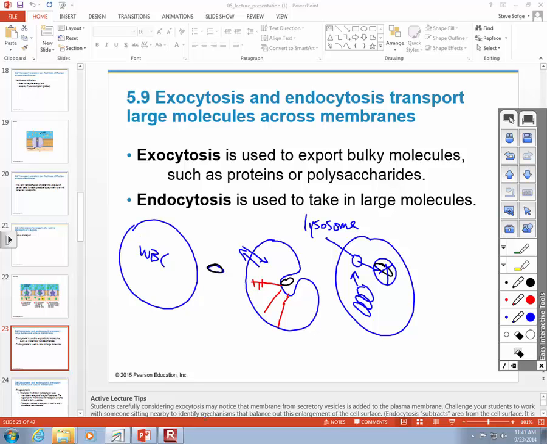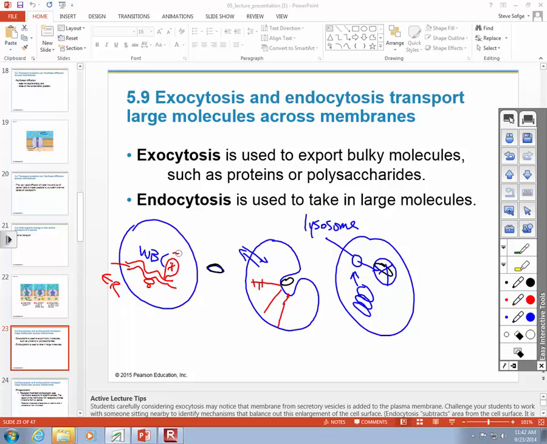We can do the same thing if we want to export something. For example, if you wanted to produce, say, a protein, and let's say that we've got endoplasmic reticulum in here, and let's say it's transporting protein, so we have ribosomes attached to it. This is the ER. And we create a bud like that, and this has a protein inside of it.